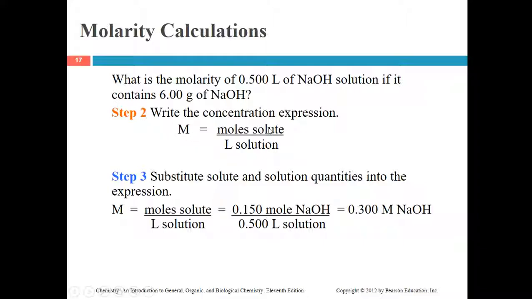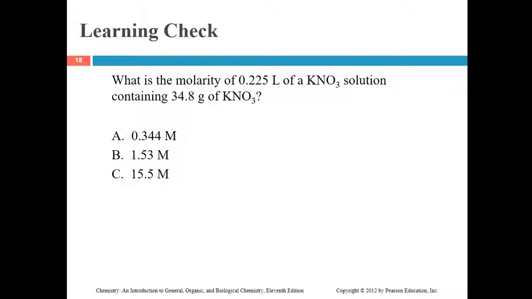Moles of solute, which is 0.150, over liters of solution, 0.500 liters of solution, and so our concentration, i.e. molarity, of our sodium hydroxide solution is 0.300 molar sodium hydroxide.